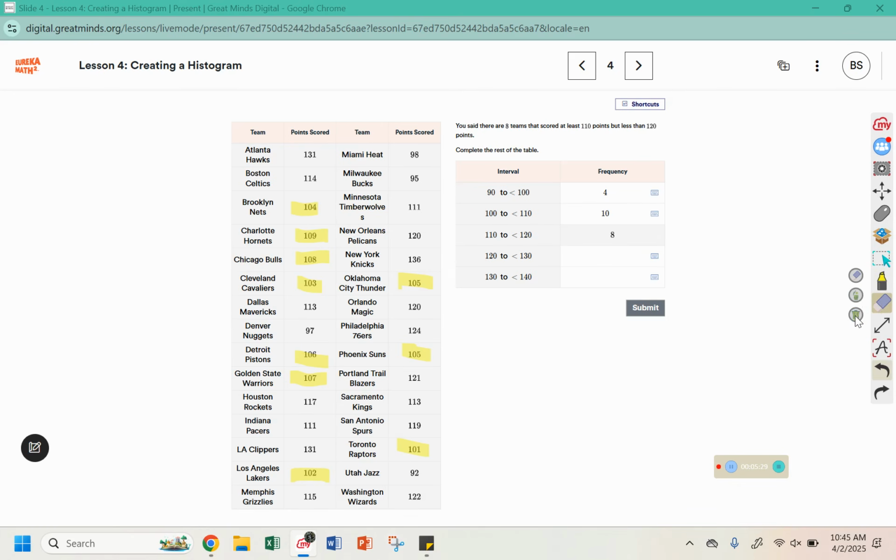From 120 to 130, I see 5. Then for 130 to 140, there are 3.